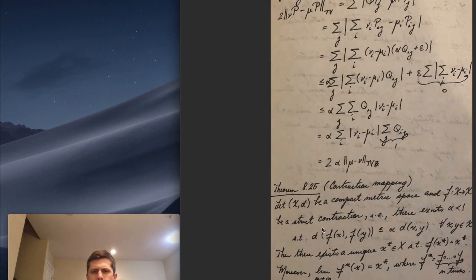So this holds for the operation. This function f is going to be the operation of the transition matrix, the transition operator, to the current marginal distribution of the chain. And so that function, that operation, is going to have a unique fixed point.